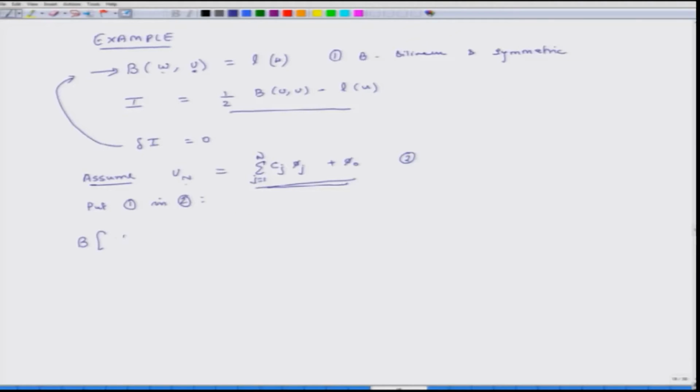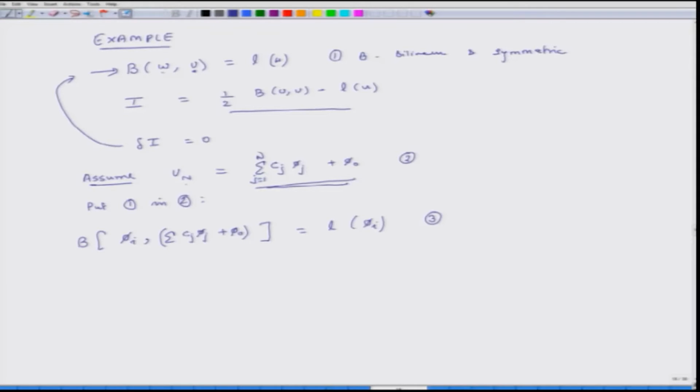So instead of W, I am putting phi I. So B of phi I, comma, the sum of Cj phi j plus phi naught, this entire thing in parenthesis represents U, is equal to L of phi I. This is equation 3.